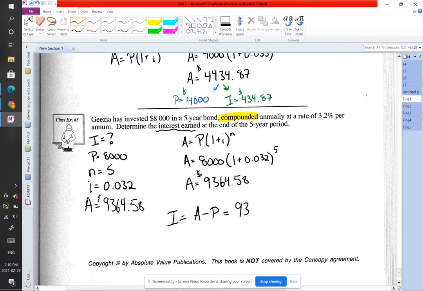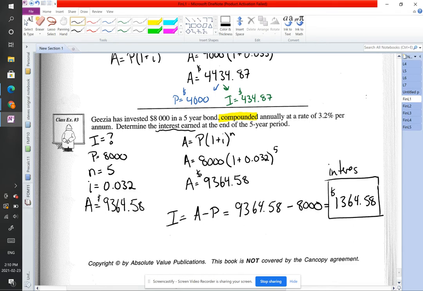So we have 9,364.58 subtract our initial investment of 8,000, and that gives us an interest of $1,364.58. So that's the interest that we made on that investment, or that Gizia made, sorry.